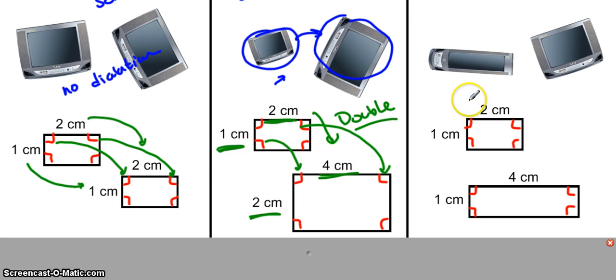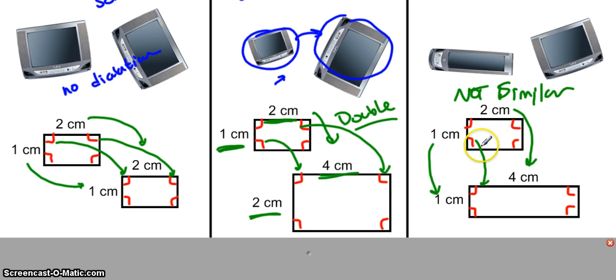However, over here, this is not going to be similar because even though it has the same angles, when we look from one figure to the next, these are congruent, 1 to 1, but these are not, 2 to 4. That's not similar. So similar figures won't have congruent sides, but they will have sides that are the same proportion to each other. Let's write that down.